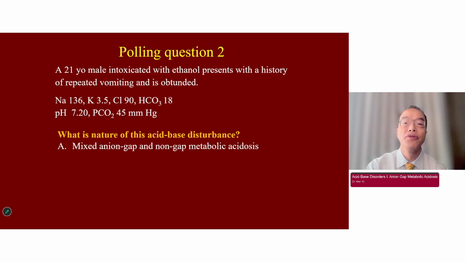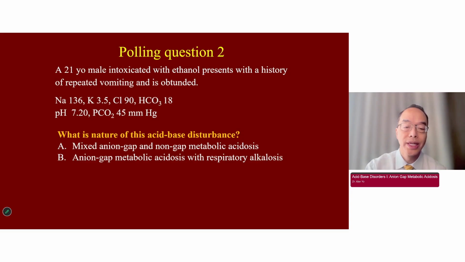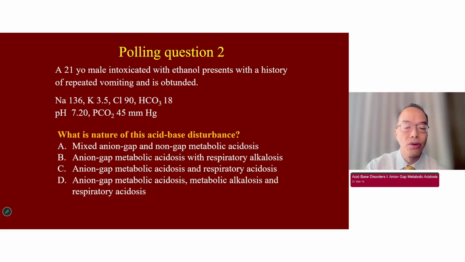And there are a number of kind of complicated choices: mixed anion gap and non-gap metabolic acidosis, anion gap metabolic acidosis with respiratory alkalosis, anion gap metabolic acidosis and respiratory acidosis, or anion gap metabolic acidosis, metabolic alkalosis, and respiratory acidosis.